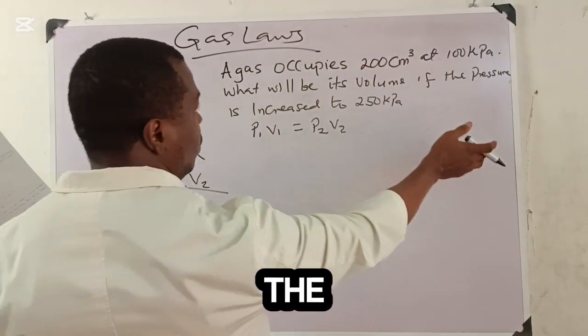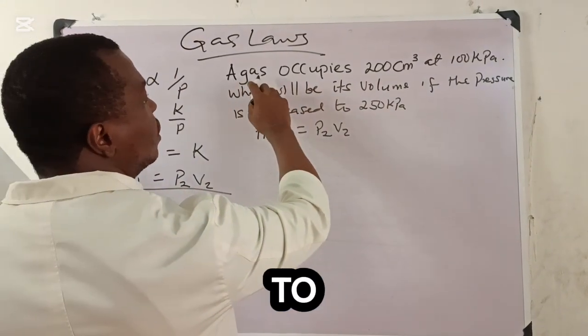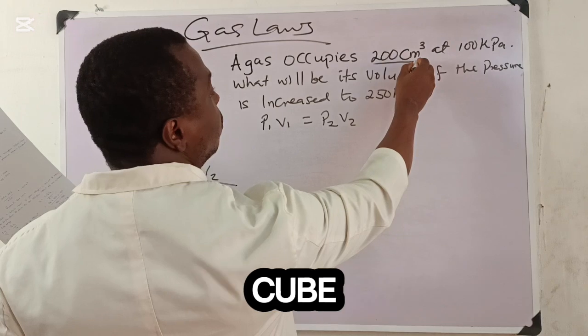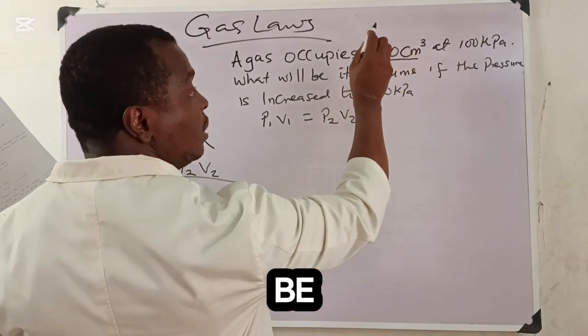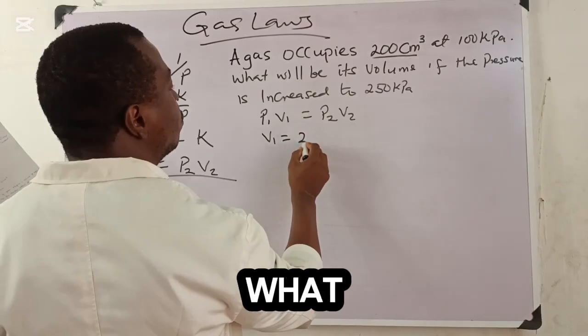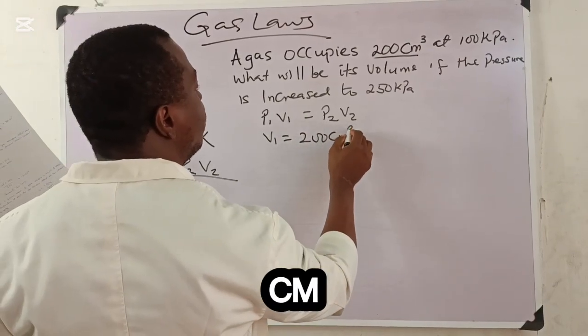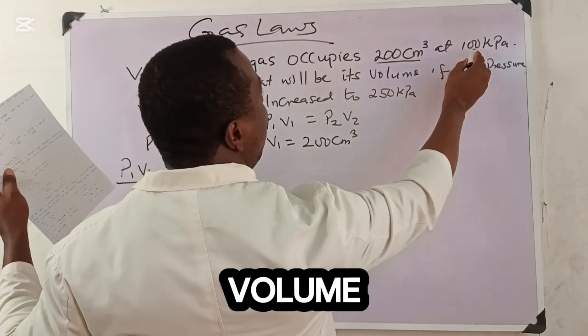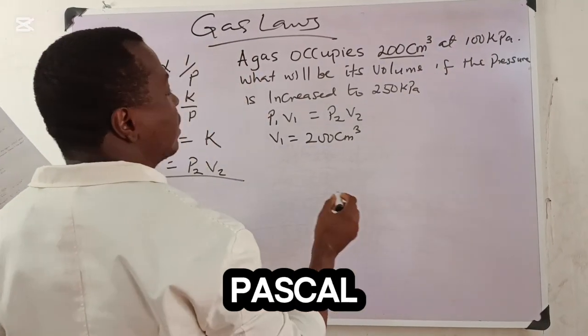Now, if we look at the question, we will be able to see that the gas occupied 200 centimeter cube. This happens to be the initial volume. So our V1 here is 200 cm cube. And this gas occupies this volume at 100 kilopascal.